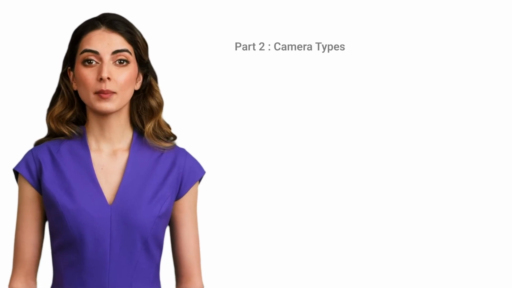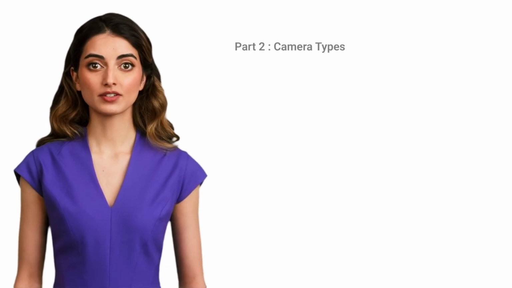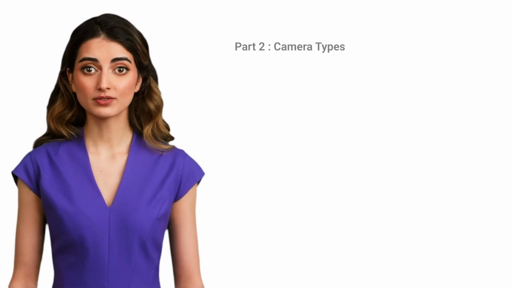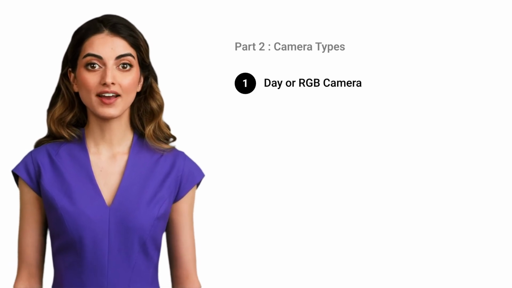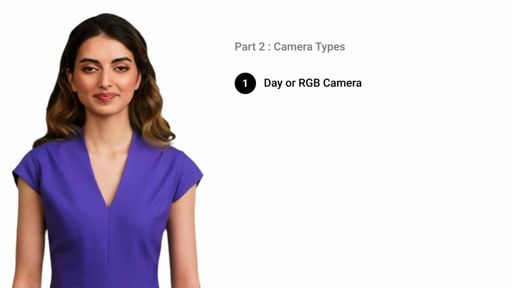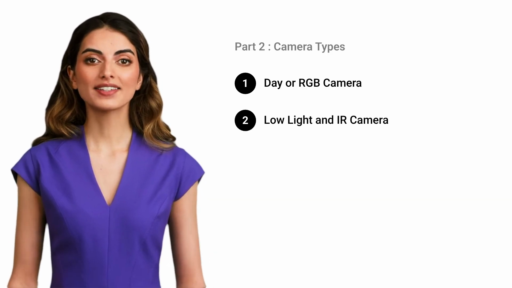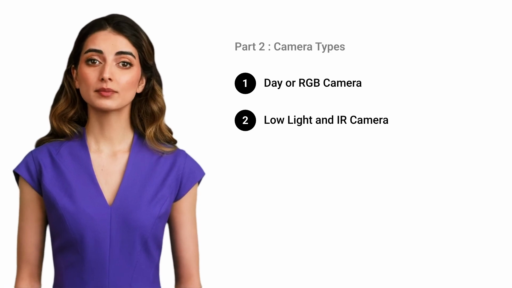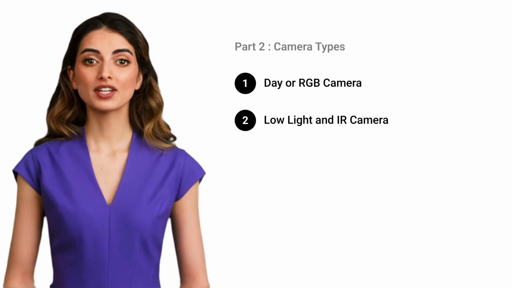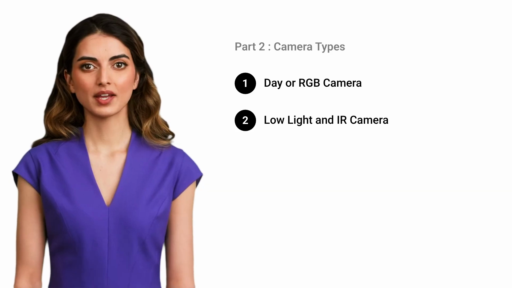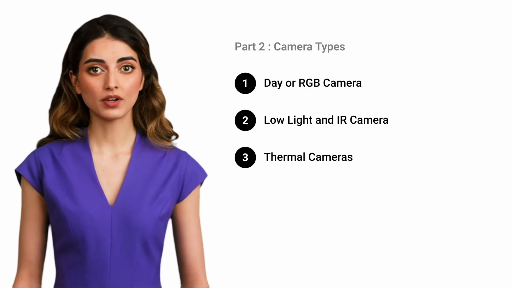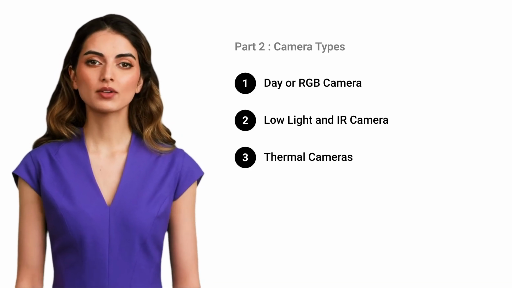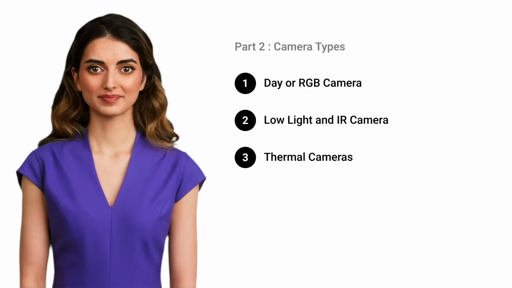In this video, we will explore 5 important categories of cameras used in modern unmanned ground vehicles. We will begin with day or RGB cameras, which provide natural color images for navigation and observation. Next, we will look at low-light and infrared cameras, which improve visibility in darkness and poorly illuminated environments. We will then study thermal cameras, which detect heat signatures and support operation in complete darkness, smoke, and challenging weather conditions.